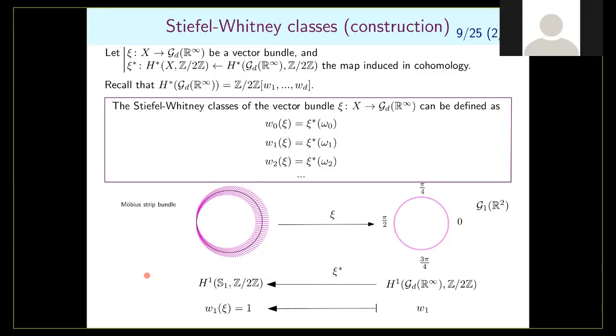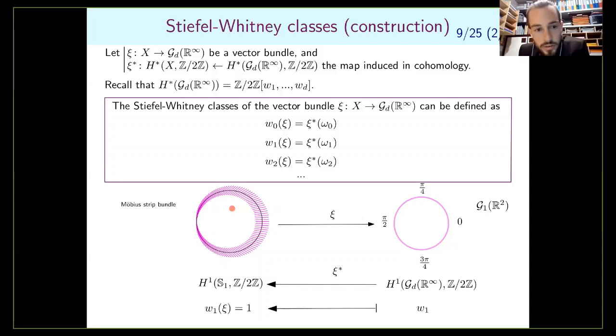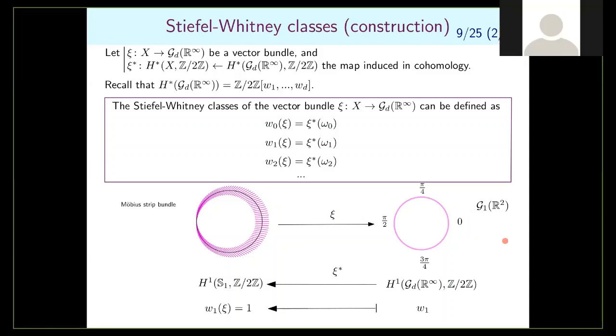Okay, that's interesting. So in this case, these two bundles can be described with a map that goes into G1 of R2. And yeah, angle is enough here to describe them. Okay, nice.